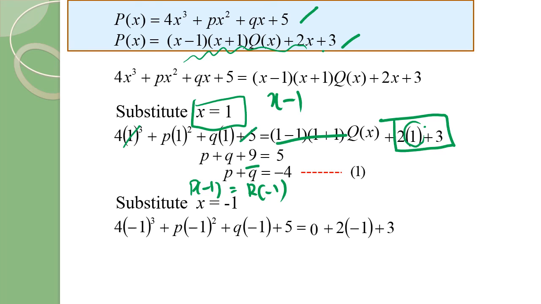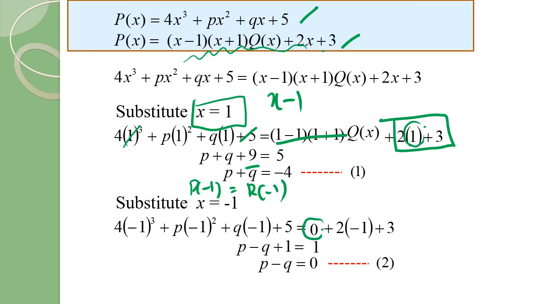We can just ignore this part actually, because negative 1 plus 1 will be 0. That's why it's 0 here. So what we have on the left side is negative 4 plus p minus q plus 5. So p minus q plus 1 equal to 1. So p minus q equal to 0. So this is the second equation.